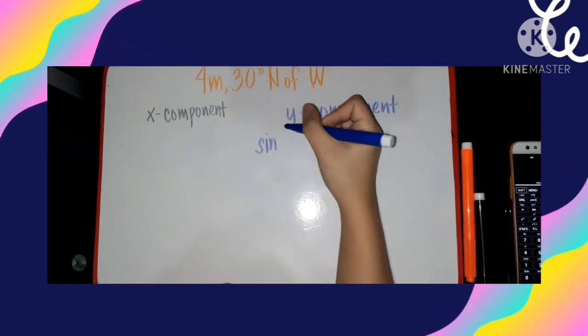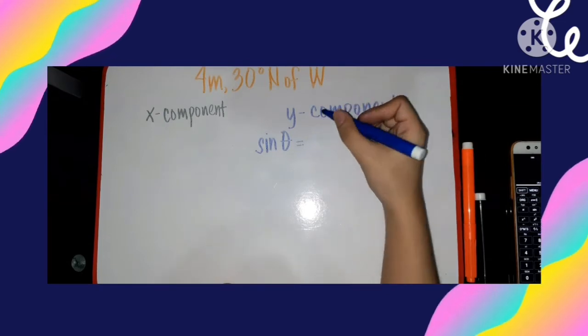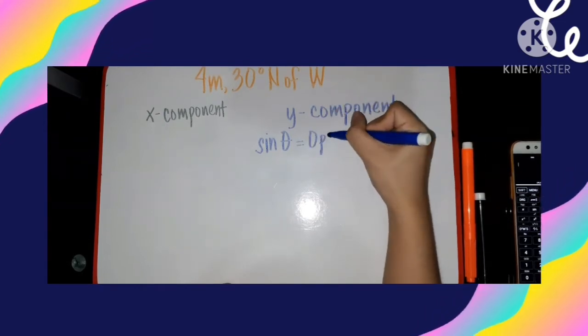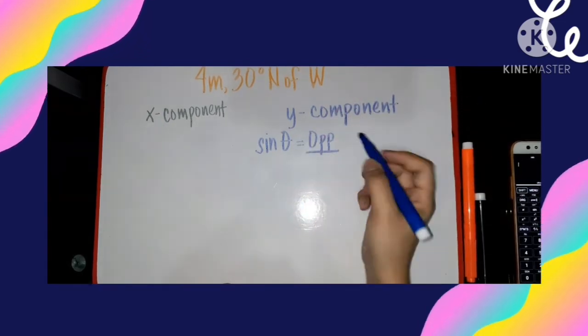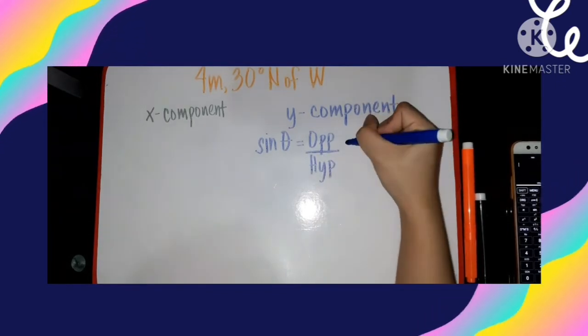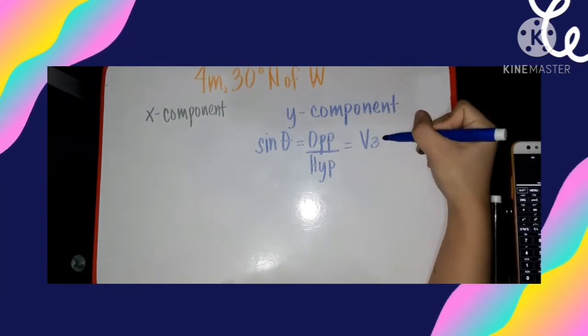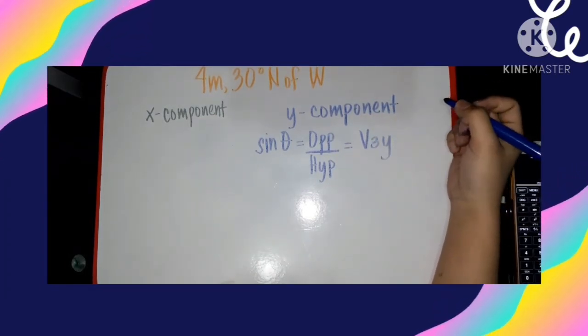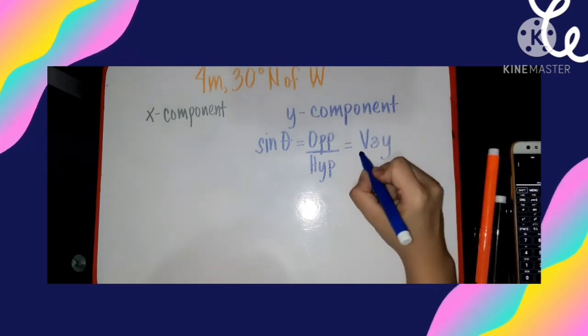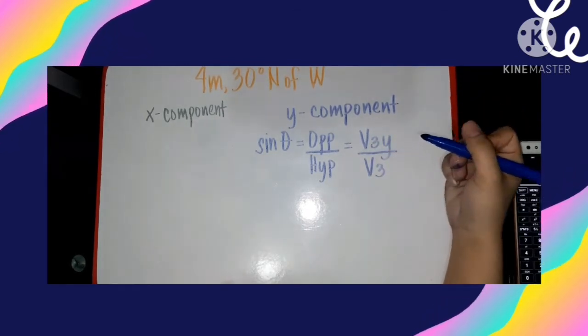Sin theta is equal to opposite over hypotenuse is equal to V3y over V3.